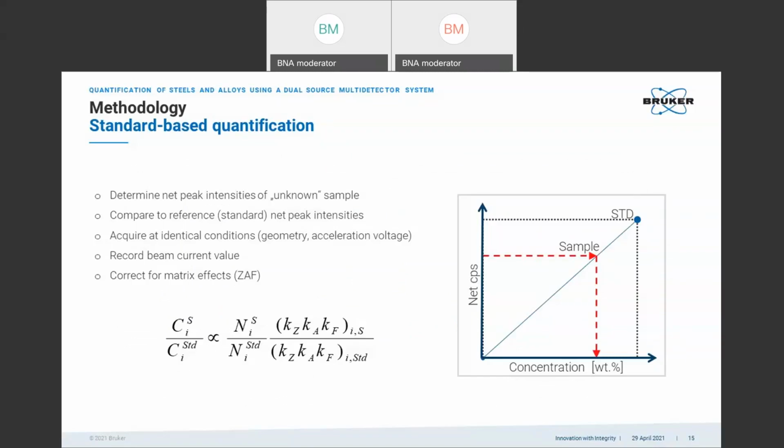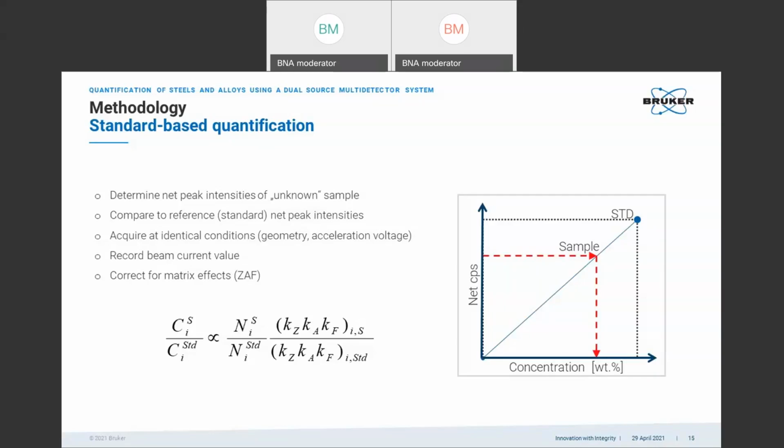We determine first the net intensities of the unknown sample, and then we compare these net intensities with some reference material, so-called standards. From the reference material, we know the concentration, and we determine the net intensities under the same conditions like we do in the measurements on the unknown sample.